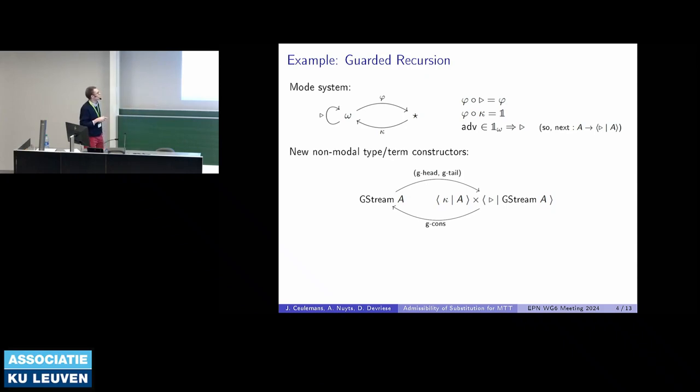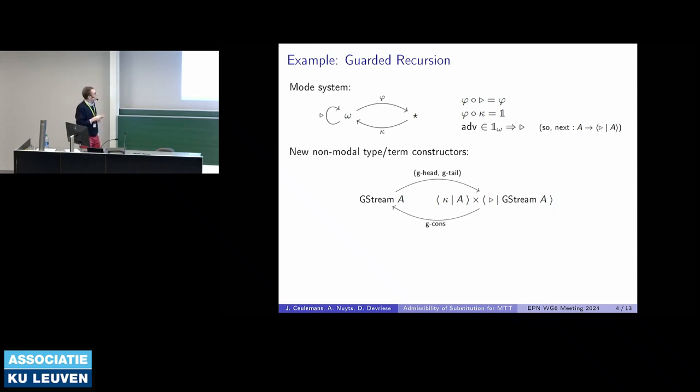And so that explains why the tail of such a guarded stream has not type guarded stream, but type later guarded stream, because the first element of the tail is the second element of the original stream, so it's not available now, but only 1 time step from now. And also there is this kappa here, because A was a type at mode star, and we want to embed it into mode omega by using this modality kappa.